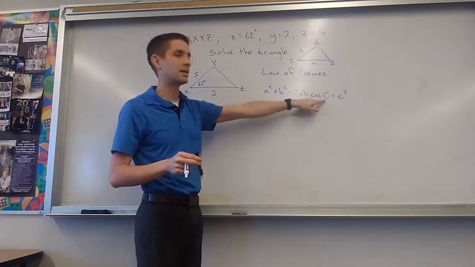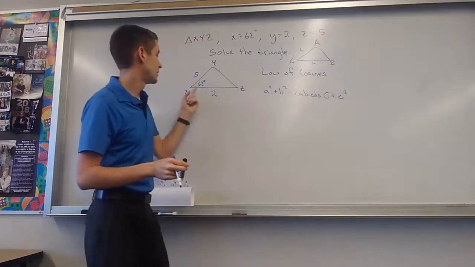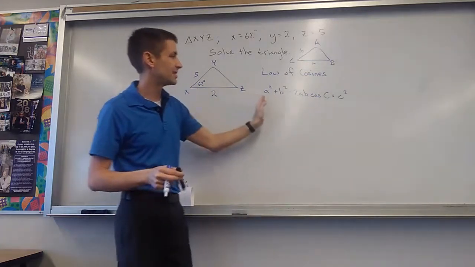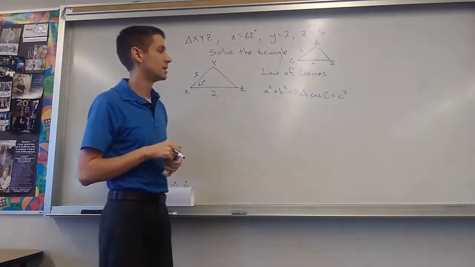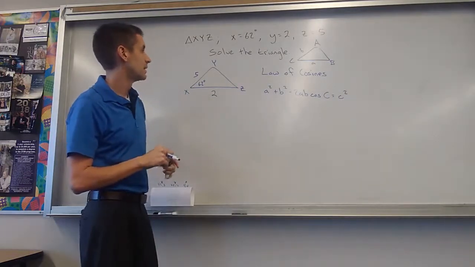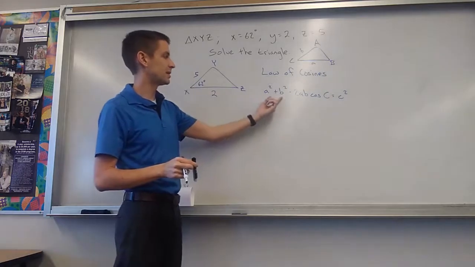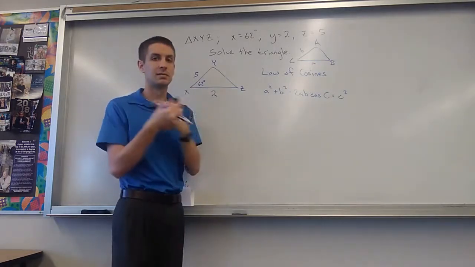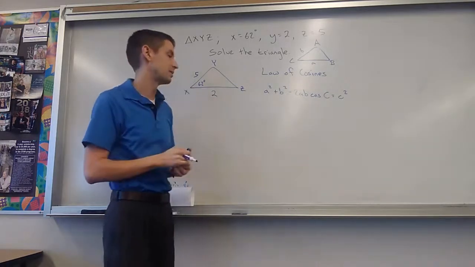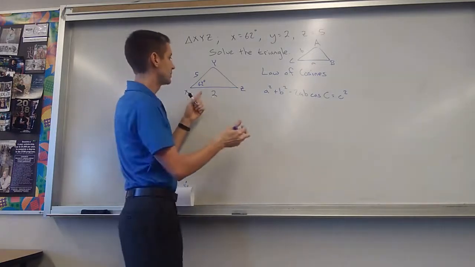So with the information we have, we can fill in this entire left side of the equation to solve for side C. And it doesn't matter whether the 2 or the 5 is A or B, because if I square A and I square B and then add them together, regardless of the order, I'm going to get the exact same thing. So I'm going to use A is 2 and B is 5 here.